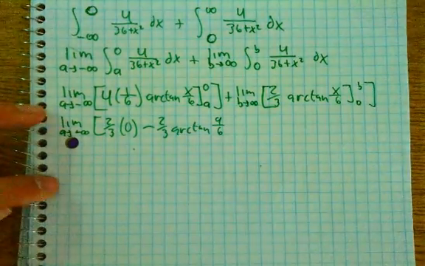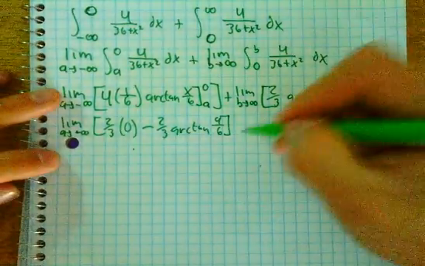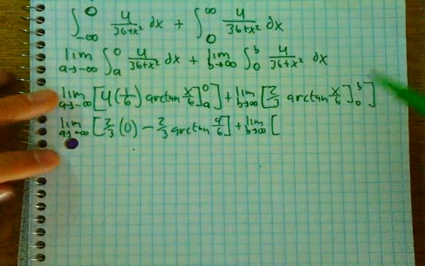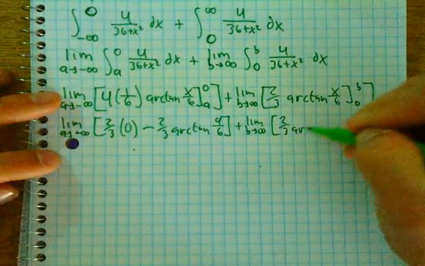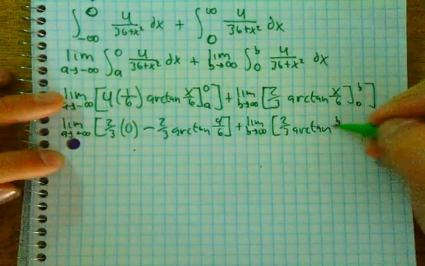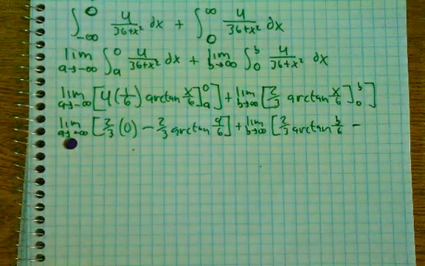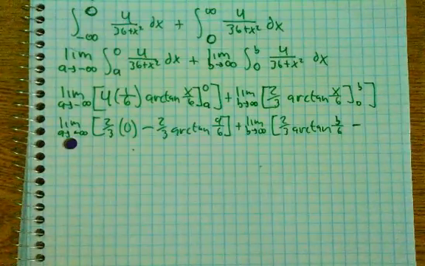Cool? Plus the limit as b approaches infinity of, this time we're going to plug in the b first, so 2/3 arctangent of b over 6 minus, well, don't we run into the same situation? The arctangent of 0 is 0, times 2/3 is just 0, right? Cool?